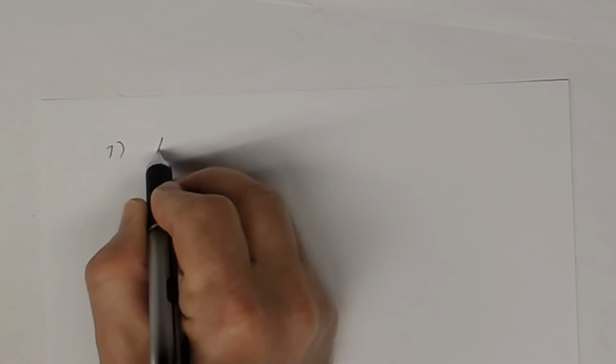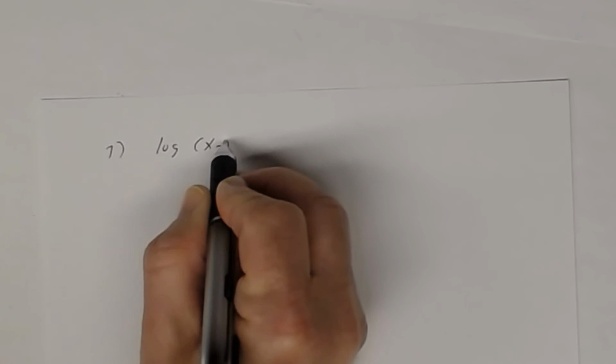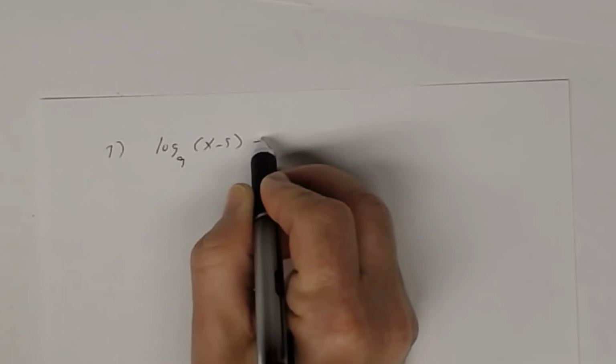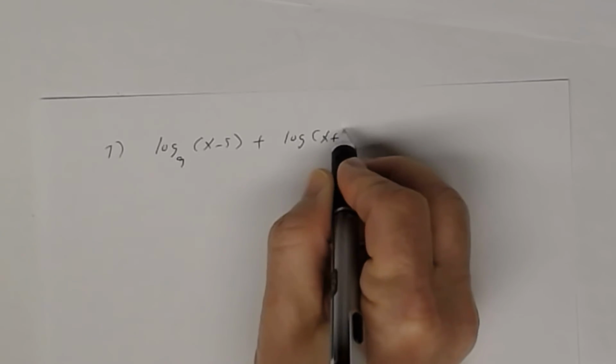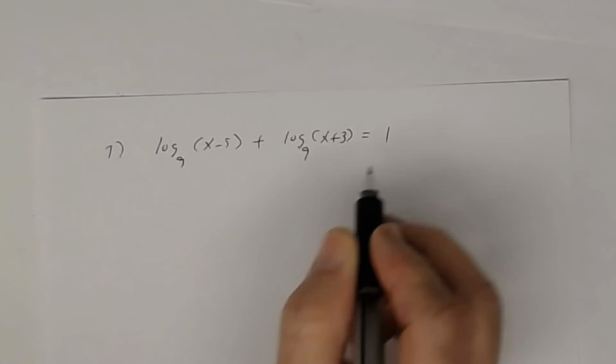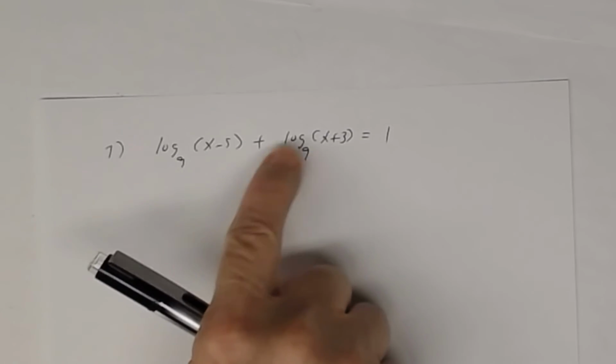All right, and then finally number 7. So let's do number 7. You had this log equation: the log of x minus 5 base 9 plus the log of x plus 3 base 9 equals 1. So that's the sum of two logs.